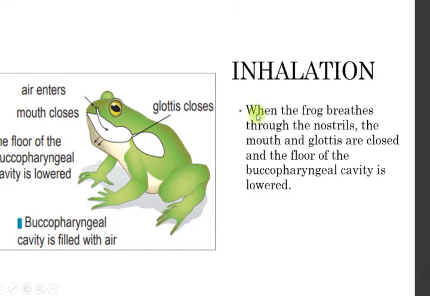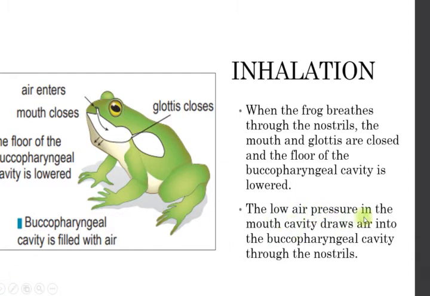Now, when the frog breathes through the nostril, the mouth and the glottis are closed and the floor of the buccopharyngeal cavity is lowered. I repeat, when the frog breathes through the nostril, meaning the nostril is open, the mouth and the glottis are closed and the buccopharyngeal floor is lowered.